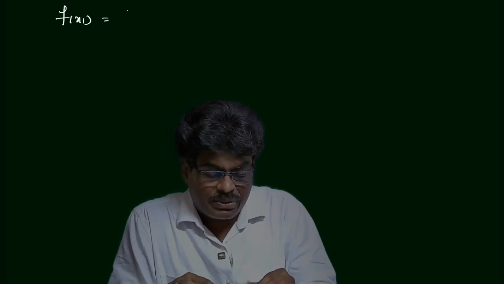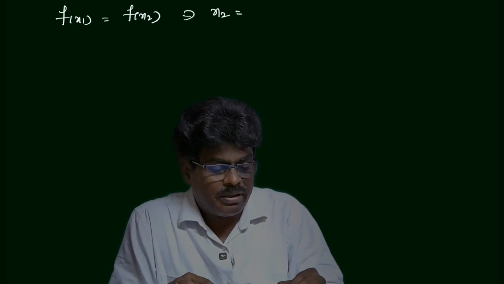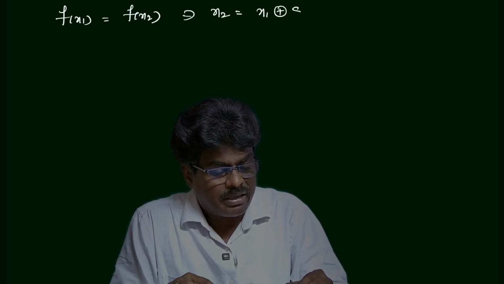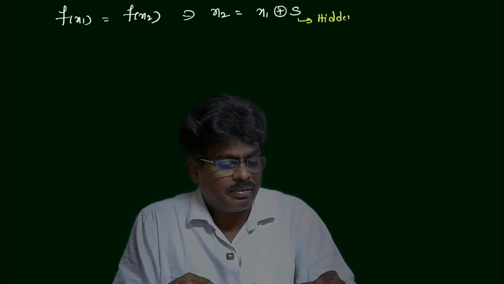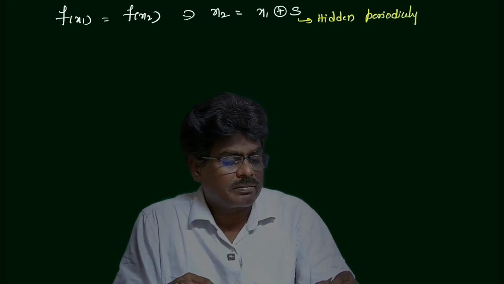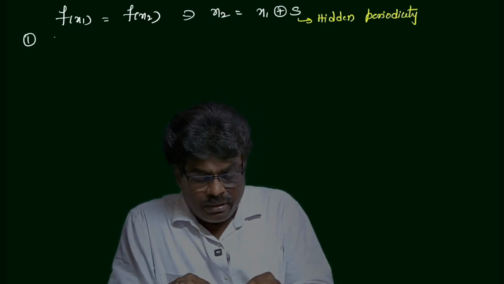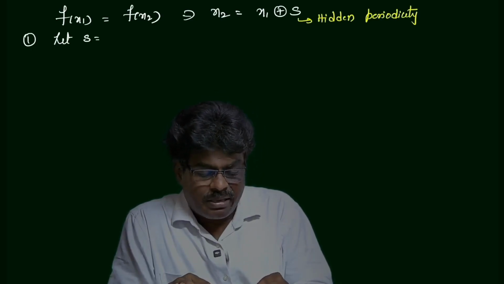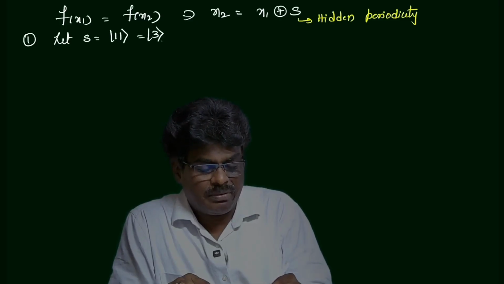Now here, once again, please go back to the algorithm, that is f of x1 equal to f of x2 such that x2 equal to x1 XOR s. This s is the hidden variable, hidden periodicity or whatever it is. Now let me take one example. Let us suppose s equal to 3, that is 1 1. In decimal we can write it as 3.